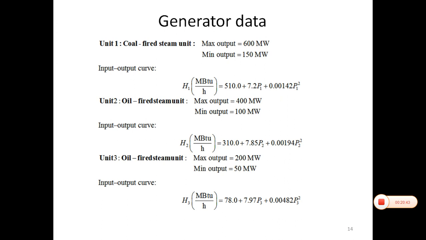So these are your 3 units data. You have to remember all these values, because they will be used, and the same data will be used in most of the problems. Where the data will be changed, it will be provided to you.